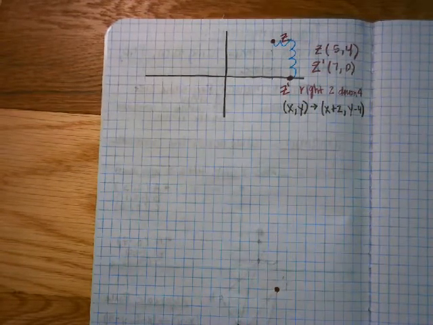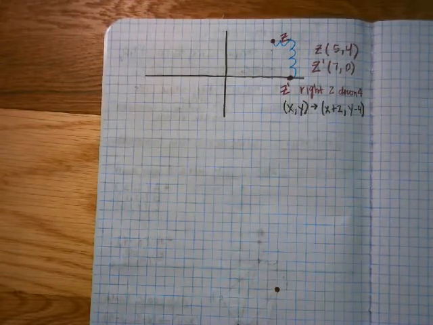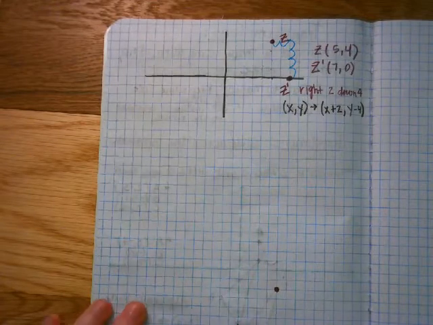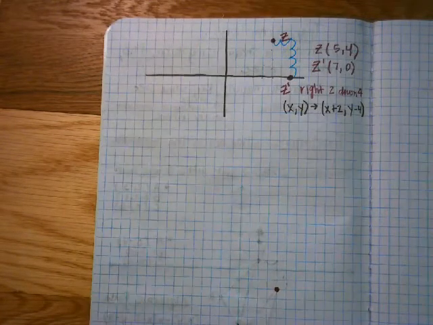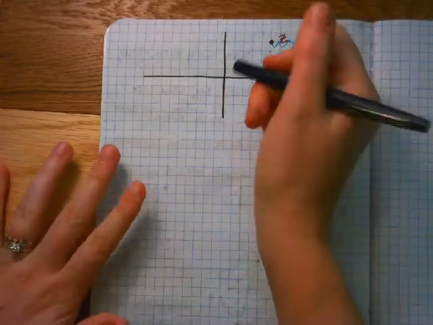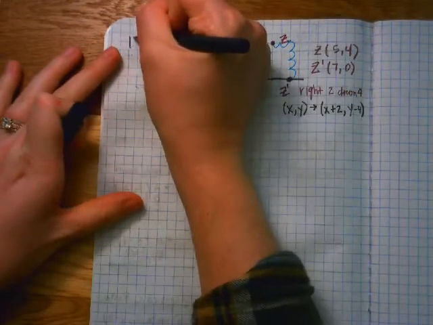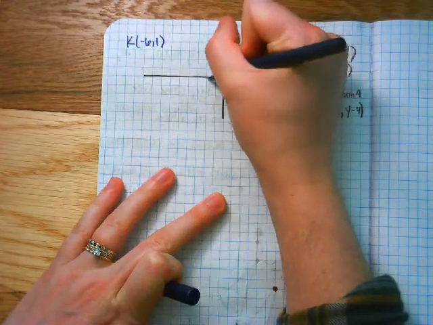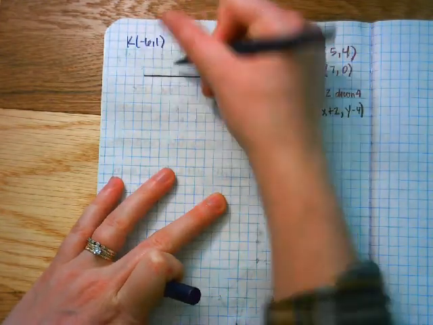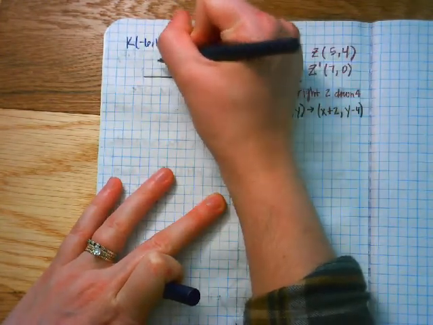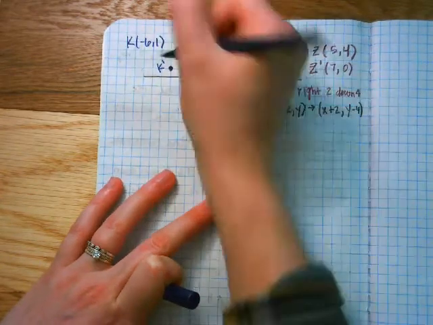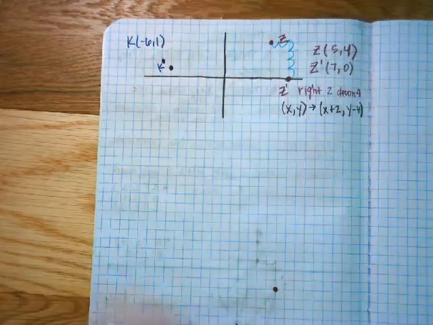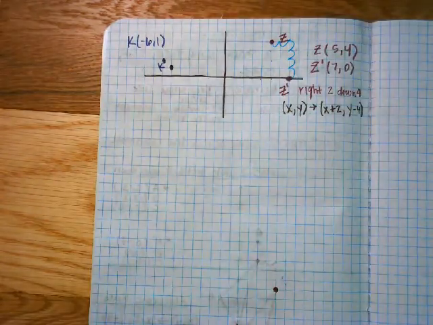Let's do one more. So let's have K at -6, 1. Oops, that's K, not K prime, sorry. Just K. No K prime.